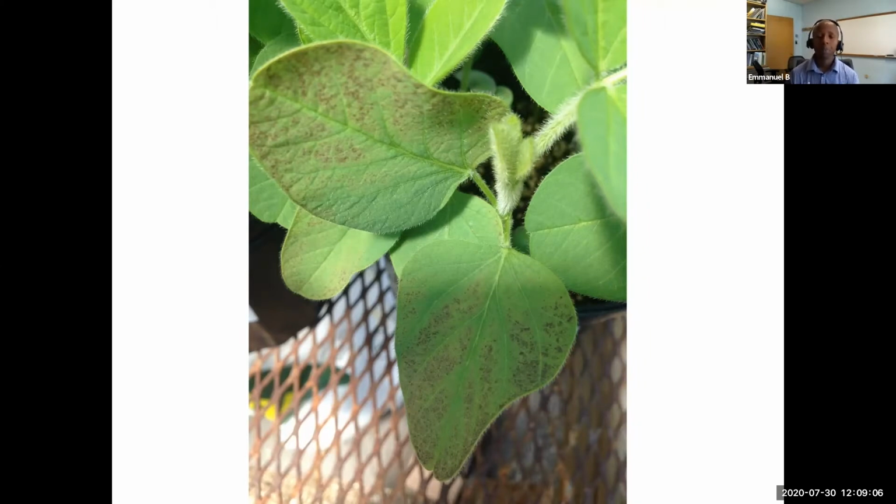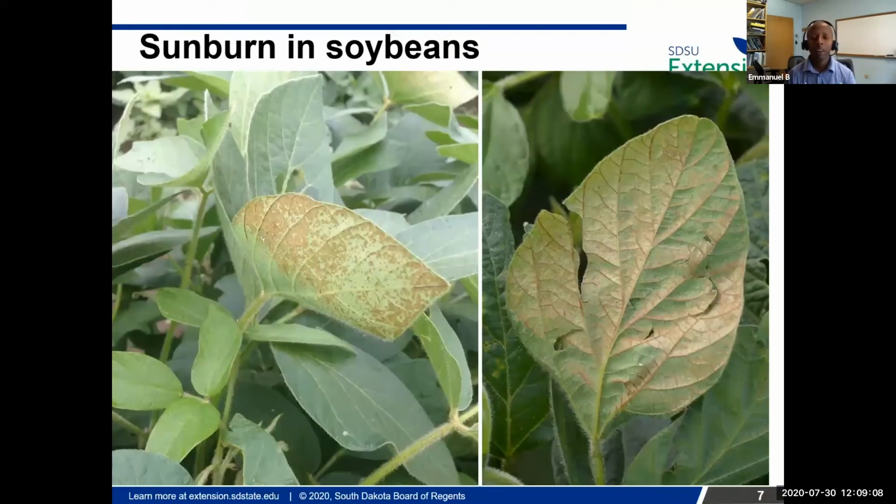Here is another injury that can happen in soybean that can be confused with Cercospora leaf blight. This is sunburn, and it's going to happen on the underneath of the leaf, sometimes where you have windy conditions and the leaf is turned, exposing the underside.